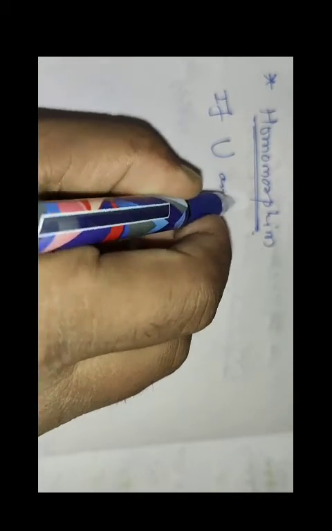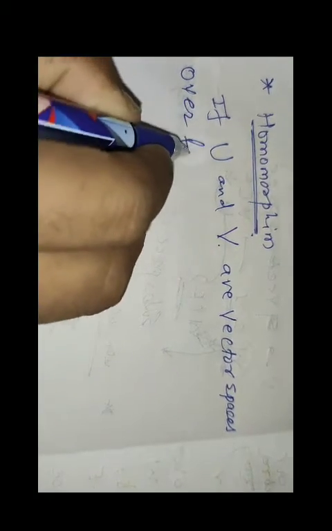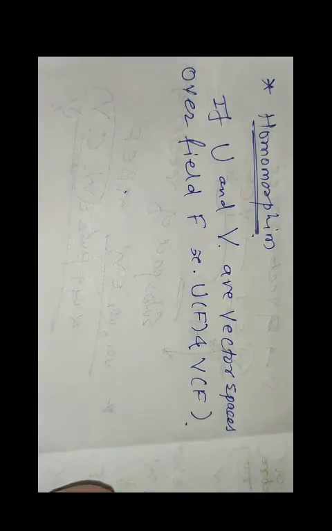So students, I write here a definition. If U and V are vector spaces over field F, that is, U is a vector space over field F and V is a vector space over field F. Both are defined on the same field.